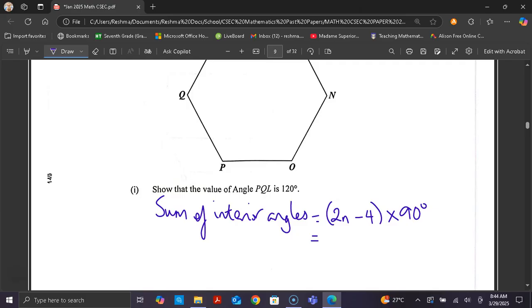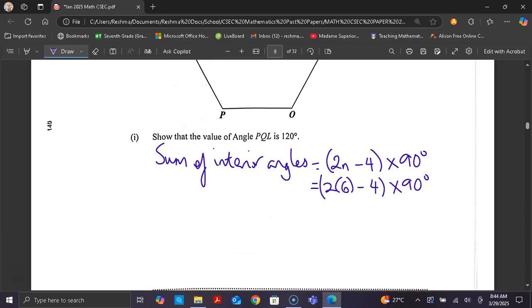So since it's a hexagon, we know n is 6, so therefore we have 2 by 6 take away 4 times 90 degrees. So 2 6s are 12, take away 4 is 8, so we have 8 by 90 degrees, which gives 720 degrees.